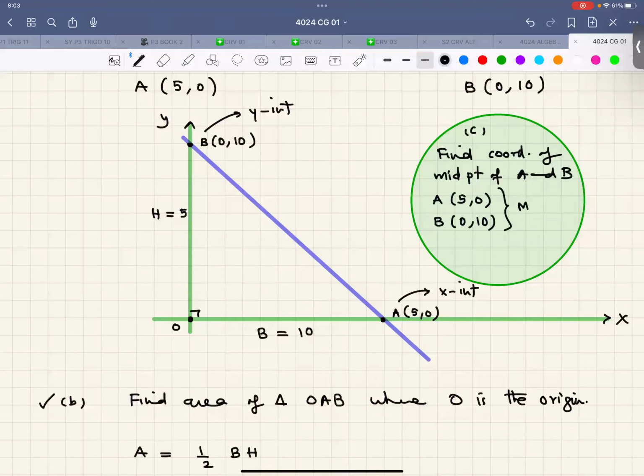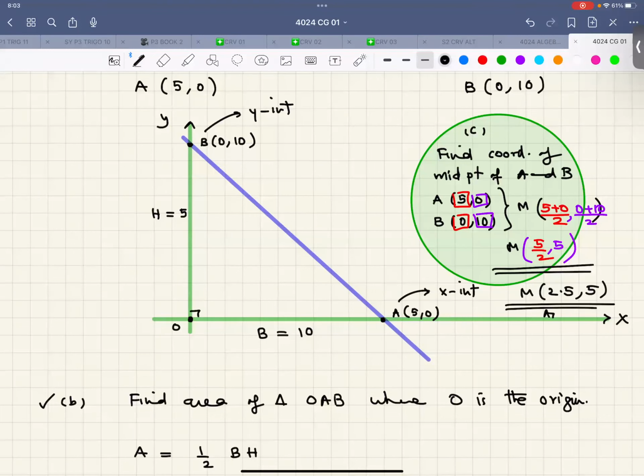Therefore, the coordinate of the midpoint will be the average. The x coordinate is 5 plus 0 divided by 2, which is 5 over 2. The y coordinate is the average of the y coordinates, which is 0 plus 10 divided by 2, which comes out to be 5. So the coordinate of M is (5 over 2, 5). It can also be written in decimals, (2.5, 5). That is the answer for this particular part.